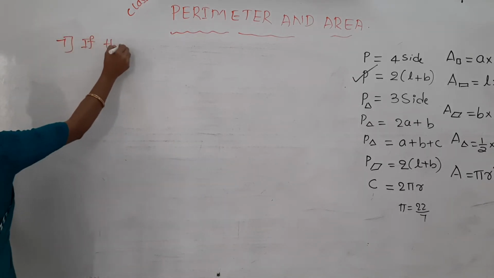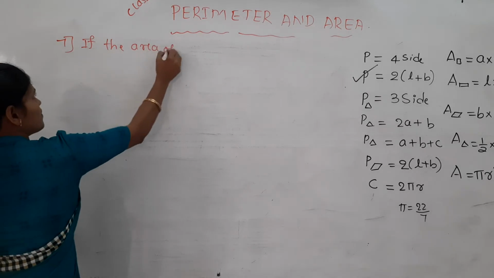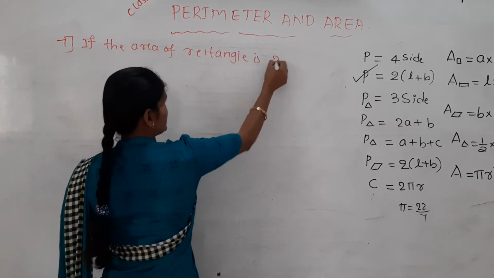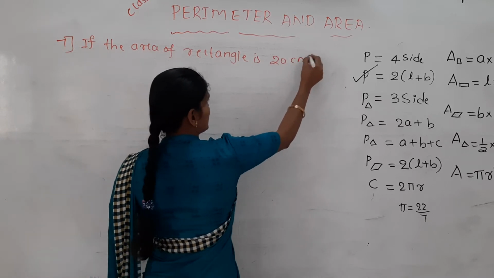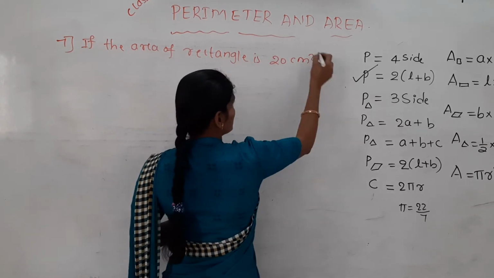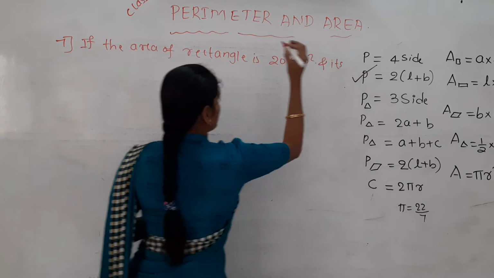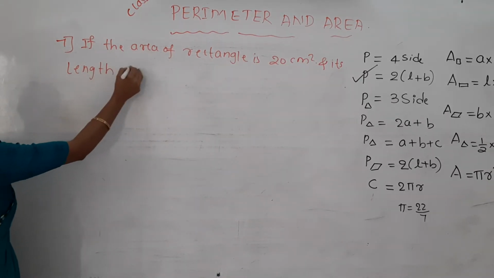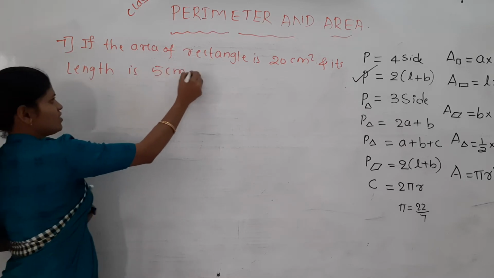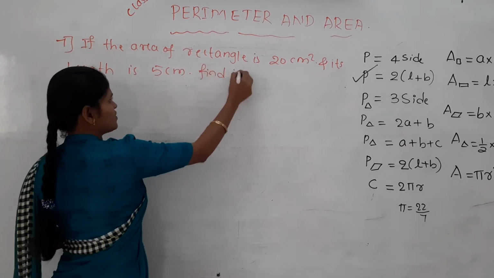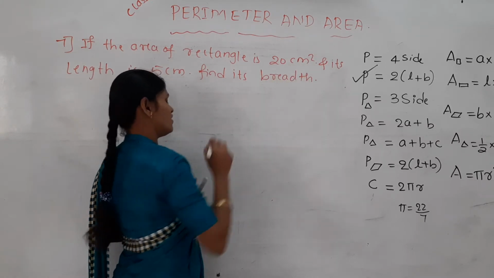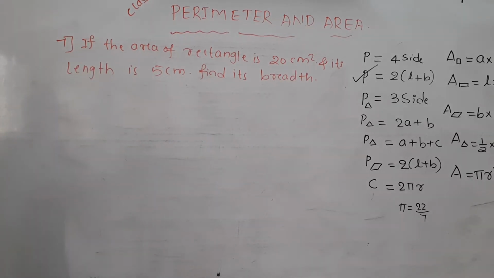If the area of a rectangle is 20 centimeter square or square centimeter and its length is 5 centimeter, then find its breadth. He has given the length as well as the area.